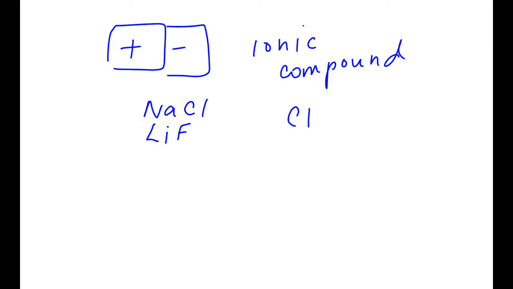Chloride is an ion. It's got a superscript -1. Sometimes we just write the negative; the 1 is understood. Calcium is an ion if it's lost 2 electrons, superscript 2 plus.